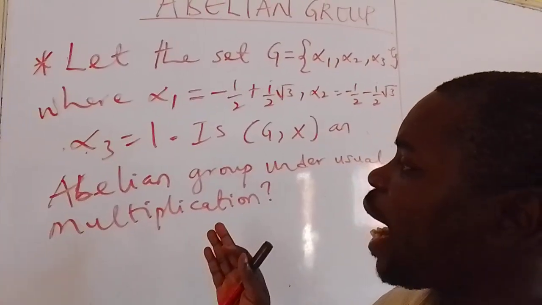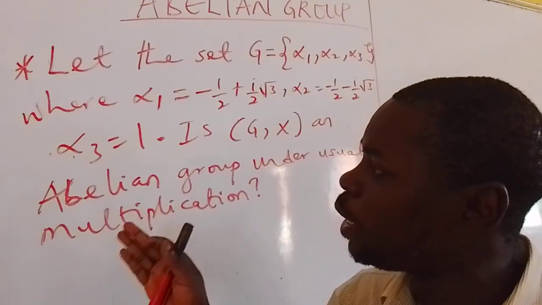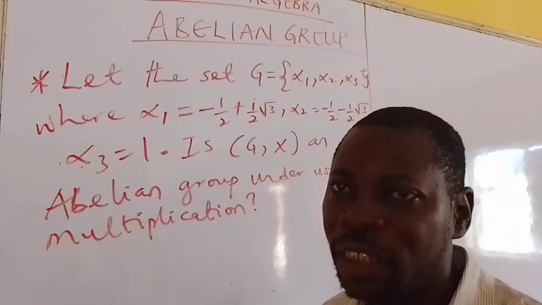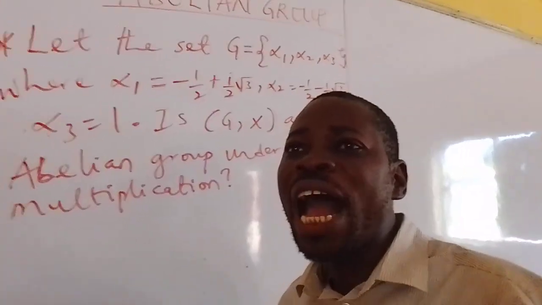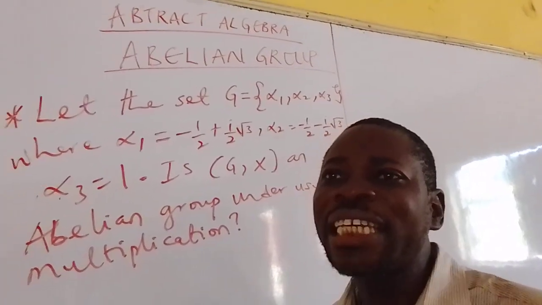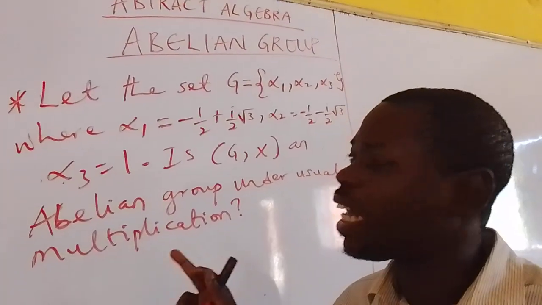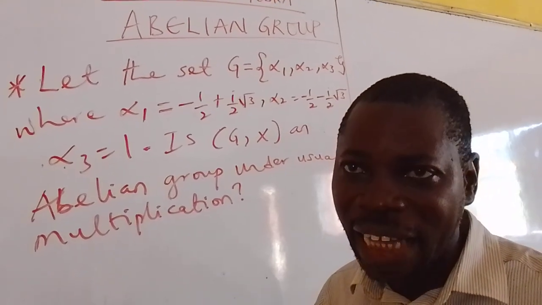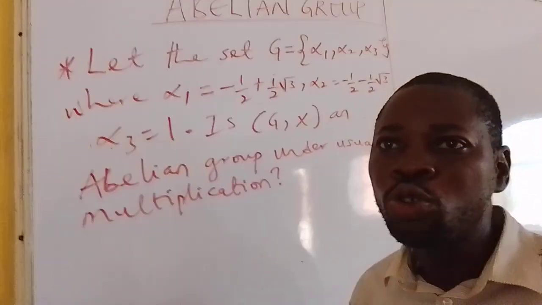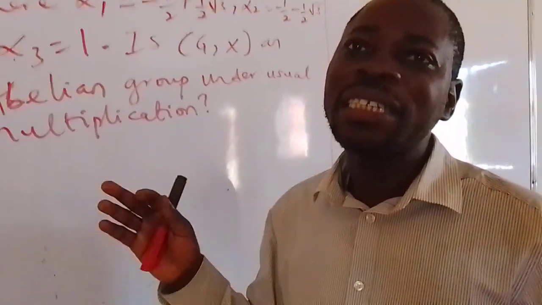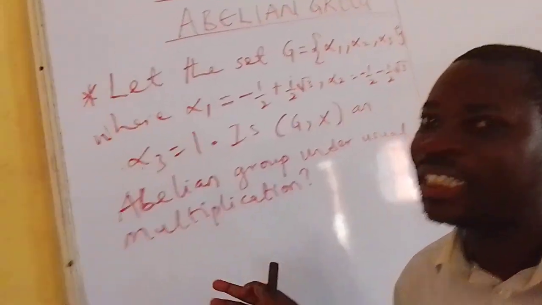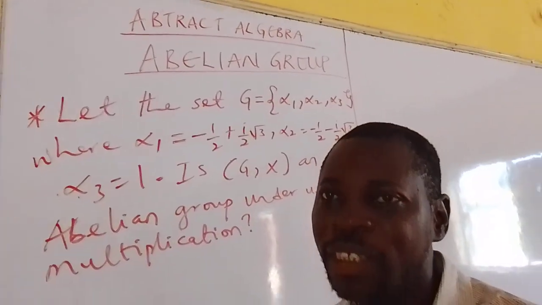When it satisfies the identity property coupled with associativity and closure, that group is called a monoid. So when you are having an identity, for all a in G, there exists an element e in G, that is an identity element, such that a star e is equal to e star a is equal to a. If that property is satisfied, the set together with the binary operation is called a monoid.